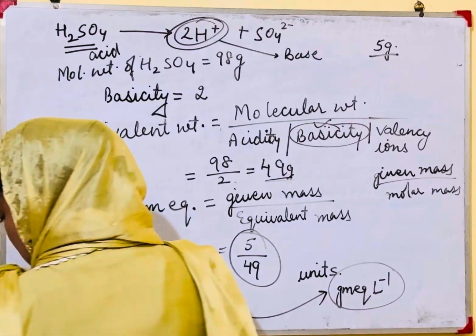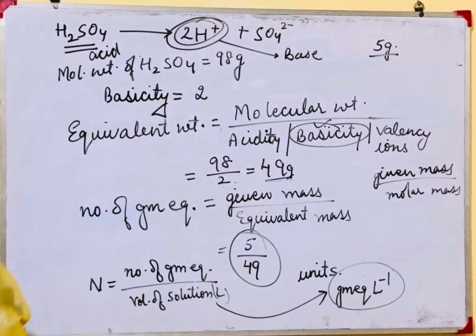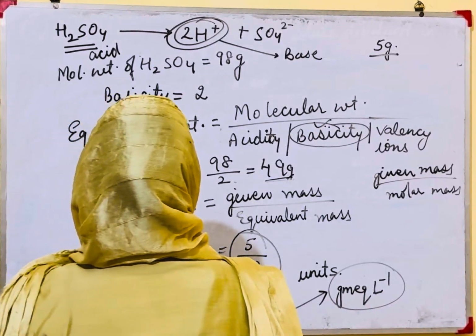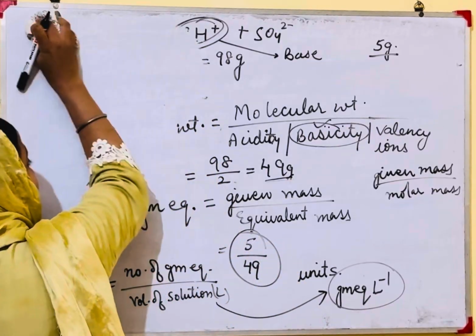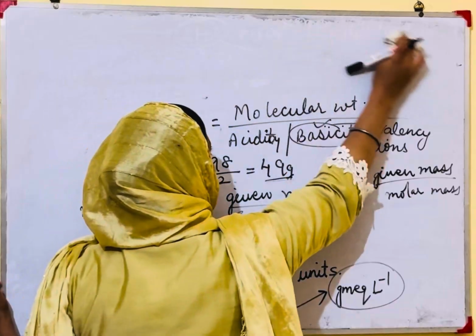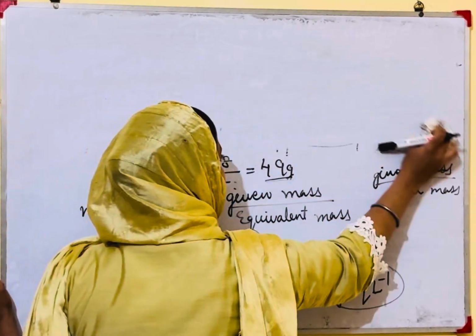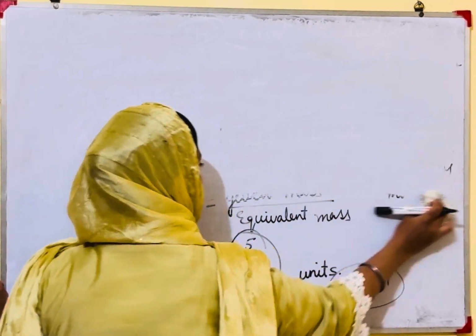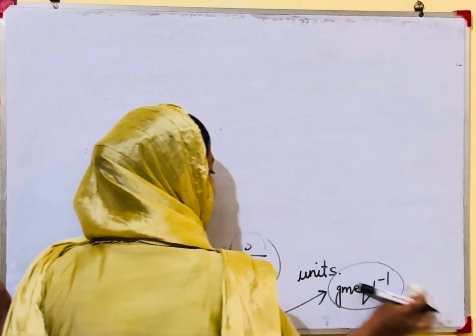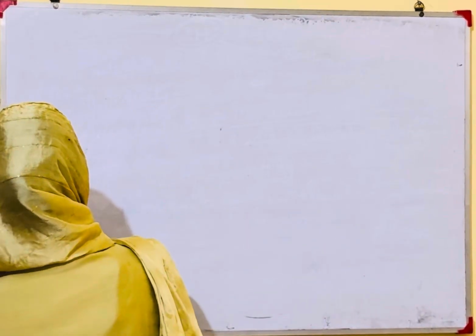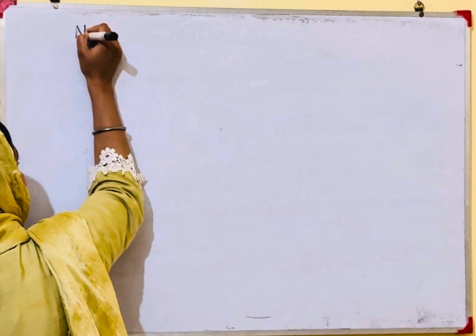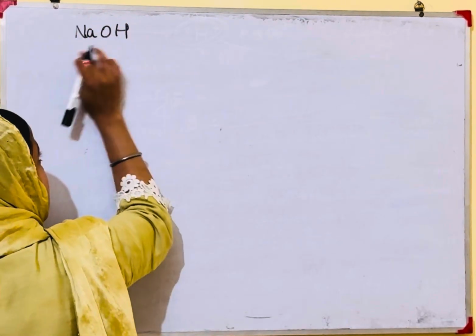This is the case we have taken about the acid. If we have taken the base, it will be reverse. For acid it is basicity, and for base we have to consider acidity. For example, NaOH. This is the base.